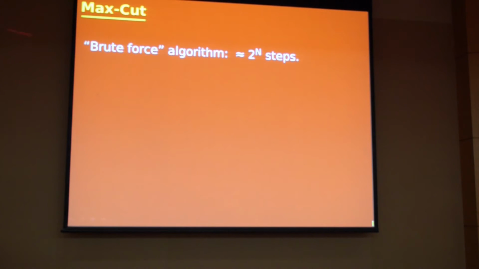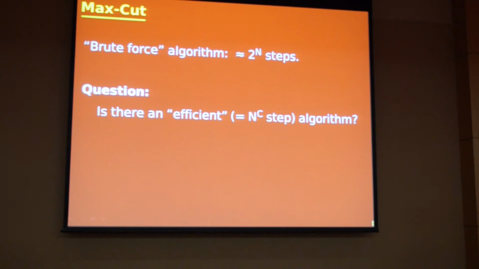So this is an unsatisfactory solution. The thing that you really look for usually is a so-called efficient algorithm, or an algorithm whose number of steps scales as a polynomial, some n squared or n cubed or something, in the number of vertices of the graph. So that's the question: is there an efficient algorithm to solve this max cut problem?